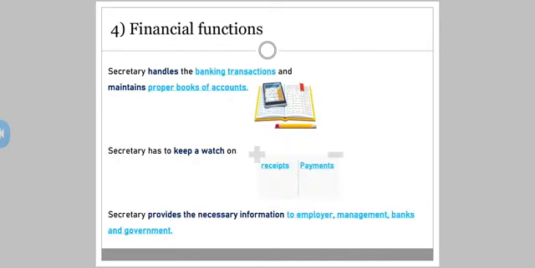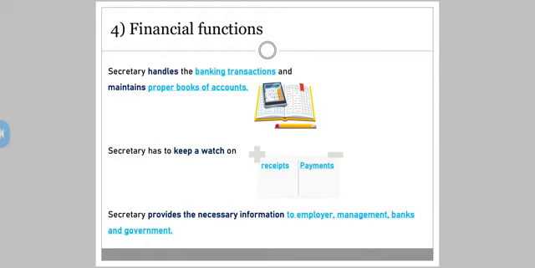Now coming to the fourth function, financial functions. The word itself says all the functions which are related to money. The secretary handles the banking transactions and maintains proper books of accounts. What is a banking transaction?